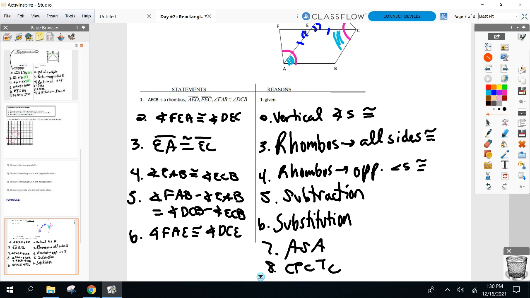And we're going to have to talk, a lot of talk. This will not be a statements and reasons anymore when I do it on the graph.